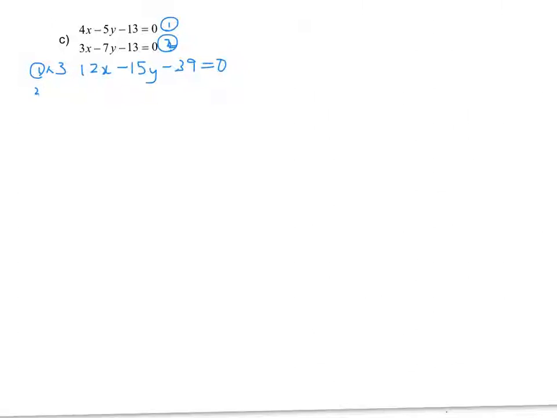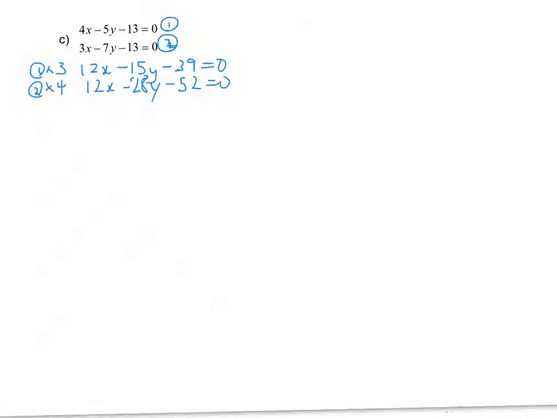And I'm going to take equation 2 and times it by 4. That gives me my 12x, so now my x's are the same. Minus 7 times 4 would be minus 28y. And then 4 groups of 13, that would be 52, so I have a minus 52 equals 0.